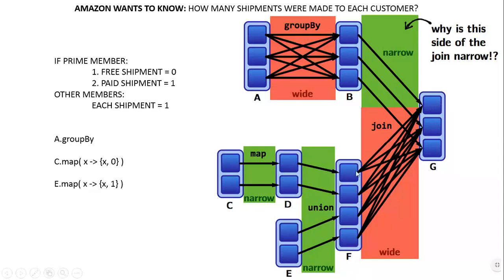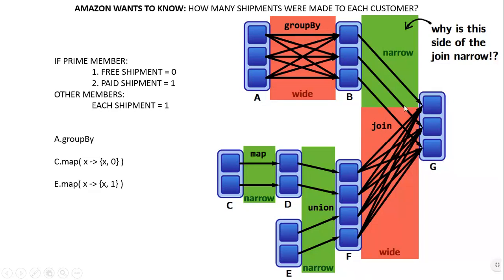Here, each member was directly mapped to the total number of shipments and then passed down here. Okay. So how are the member IDs in this RDD? There is no order to the member IDs. Okay, so they are kind of jumbled up. But here you've already done a group by. So now the member IDs are already sorted.